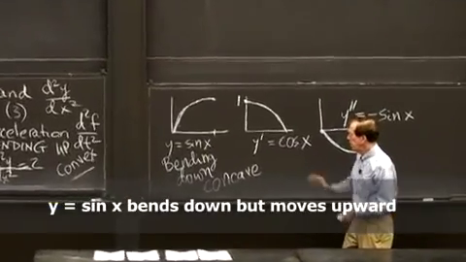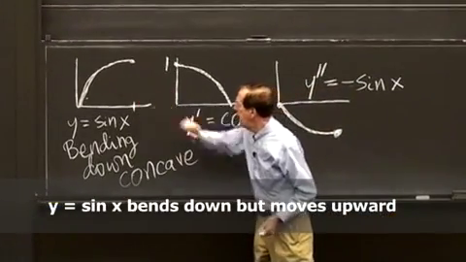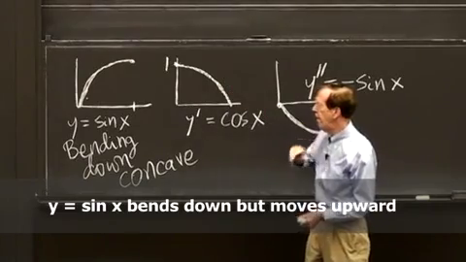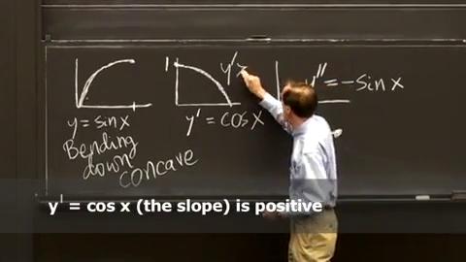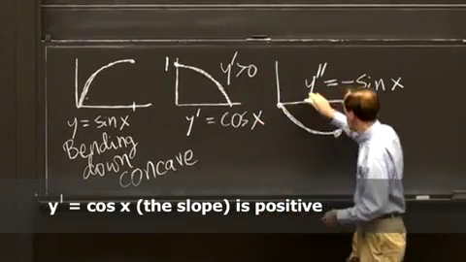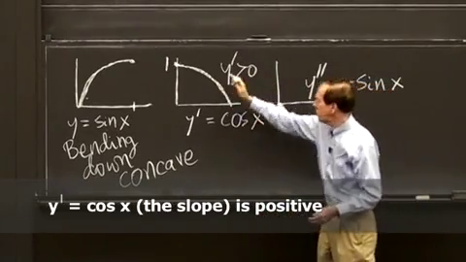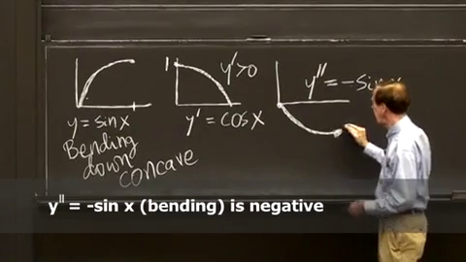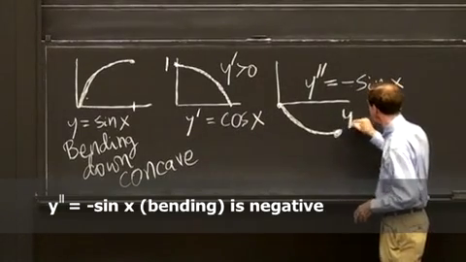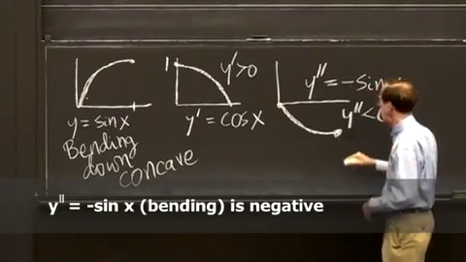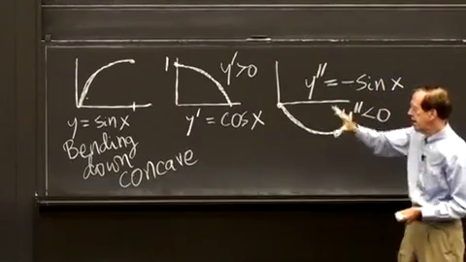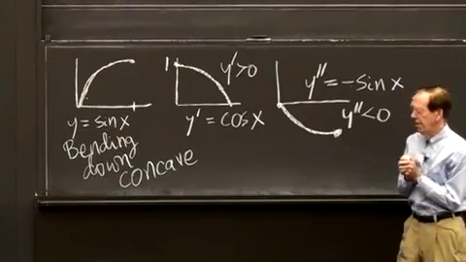Okay, so do you see that picture, bending down but going up? So the slope is positive here, but the slope is dropping, so the second derivative, and you have to pay attention to keep them straight, is telling us that the original one is bending down. Okay.